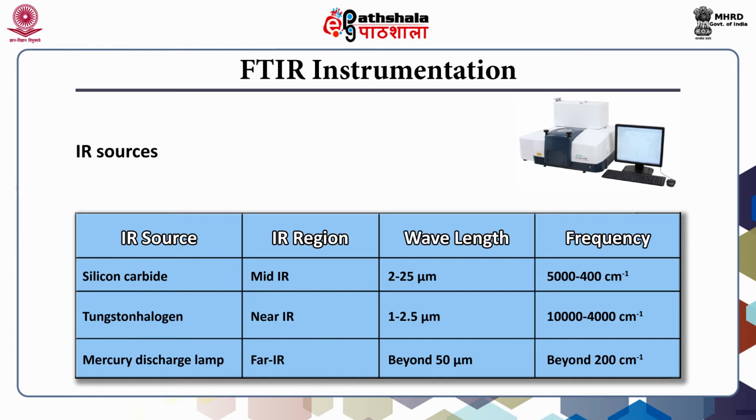For this region, the most common source is silicon carbide, which is heated to 1200 Kelvin. A tungsten halogen lamp at high temperature is used for near infrared, which corresponds to 1 to 2.5 micrometer or 10,000 to 4,000 inverse centimeter. For the far infrared region, the wavelength is beyond 50 micrometer, that is 200 inverse centimeter, and a mercury discharge lamp is used.